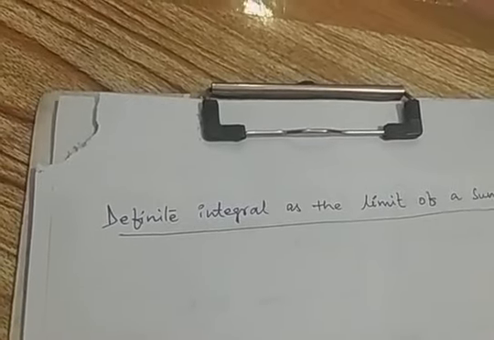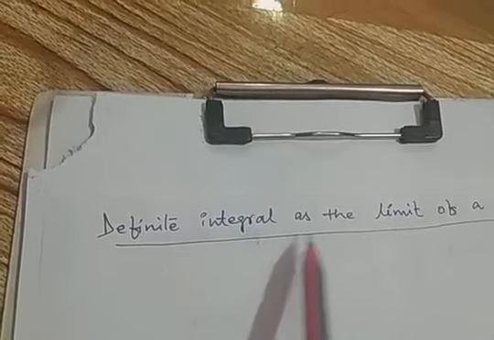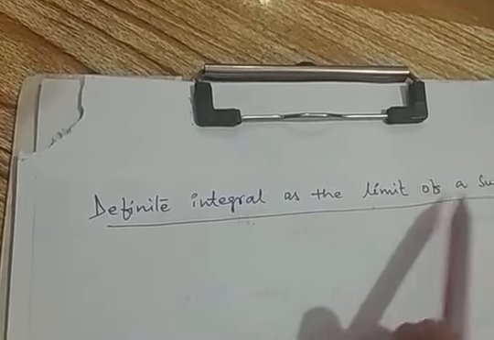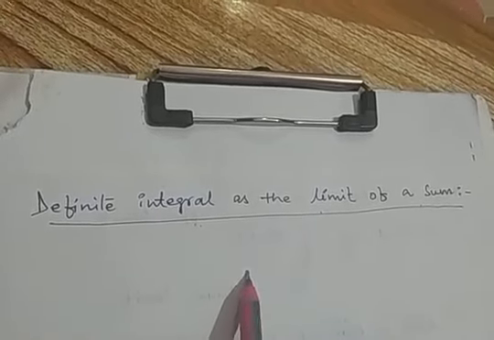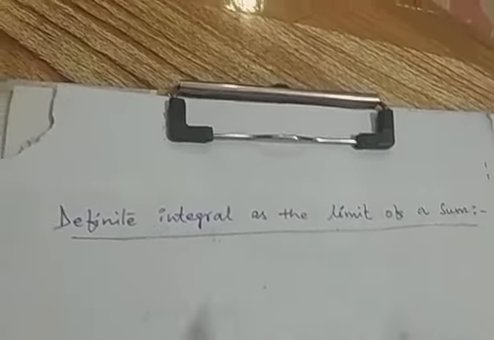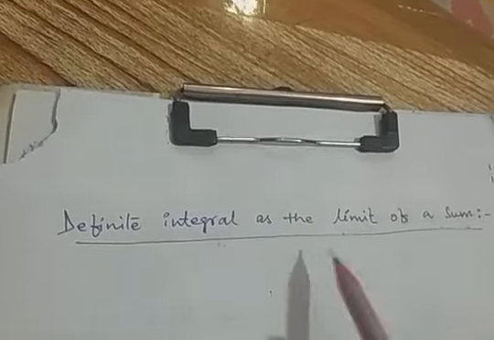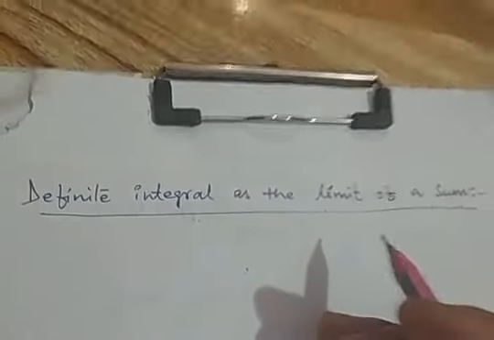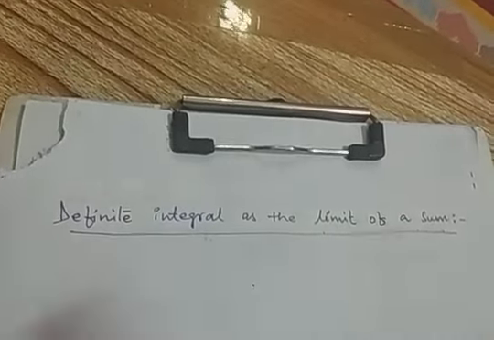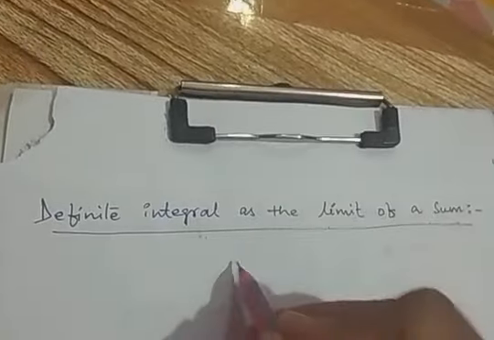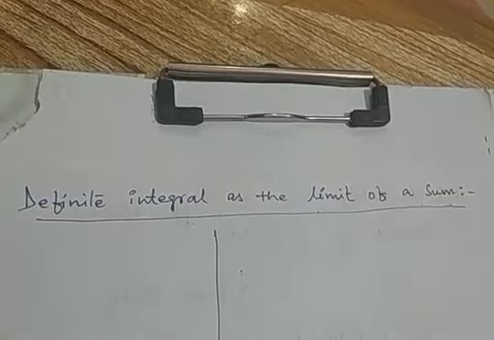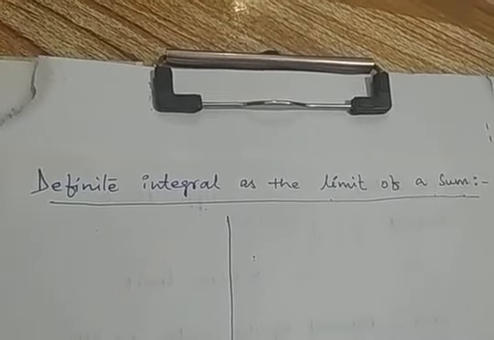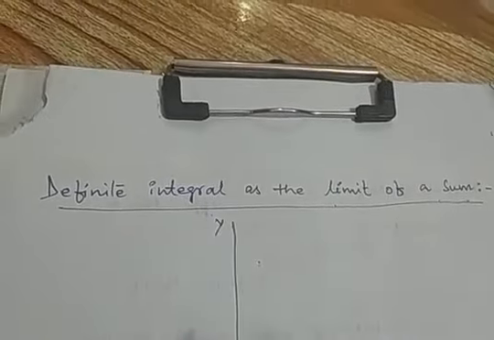That means students, we can solve the definite integral with the help of the limit of a sum. So here we will see what the formula is to solve it as the limit of a sum. For the derivation of this formula, we have to draw a graph. Let this be the x-axis and this be the y-axis.